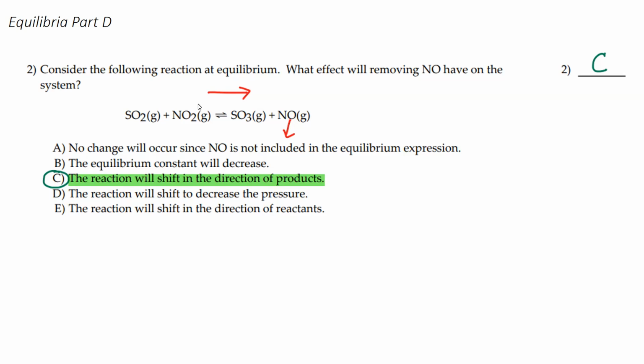Well, you have to make more cookies. The equilibrium has to shift to replace what was done. So if we lost some of the NO, we're going to have to make more. So the reaction will shift in the direction of the products.